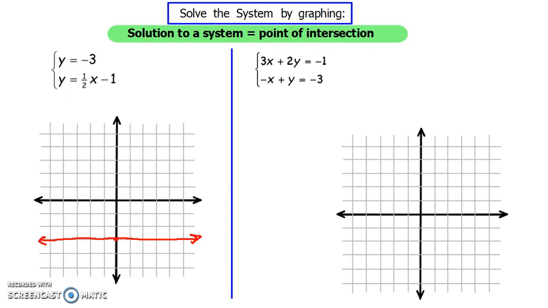Then we're also going to graph 1/2 x minus 1, which remember -1 is our y-intercept, or if I plugged in x was 0, we would get back, well, 1/2 times 0 is 0, minus 1 is -1, which just gives us somewhere to start.